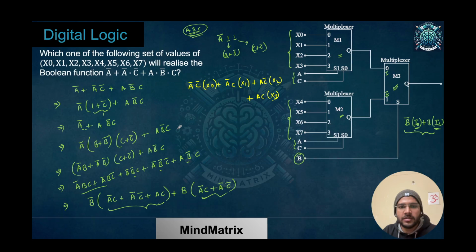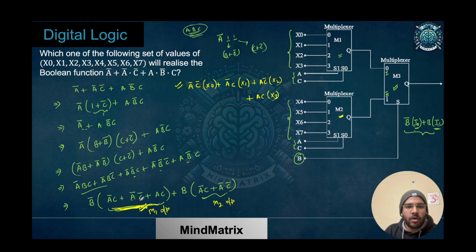Similarly for M2, you can replace with x4, x5, x6, x7, and it is going to look like this only. Now here, this is representing the M1 output and this is representing the M2 output, right?